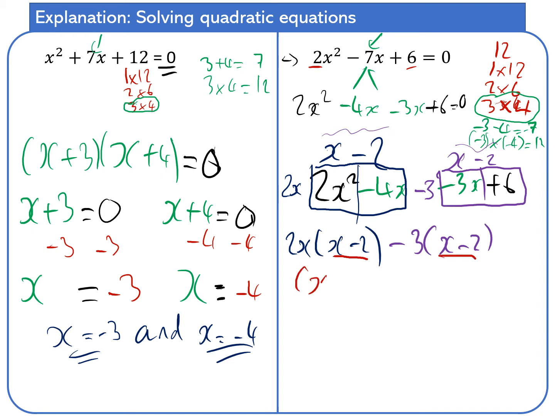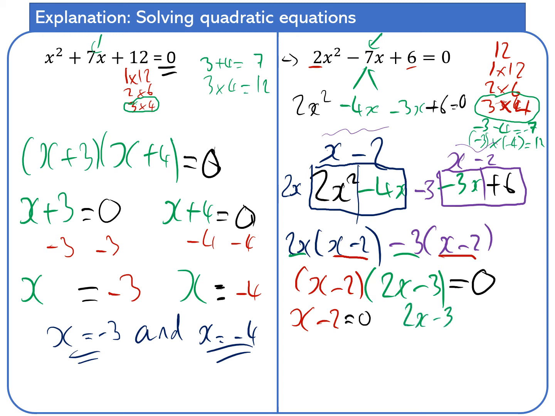So we get x minus 2 as a bracket, and 2x minus 3 as another one, and that is equal to 0. So we've got x minus 2 is equal to 0, and we've got 2x minus 3 equals 0. And now we have to solve both of those.